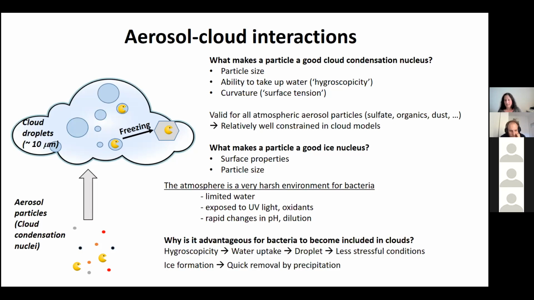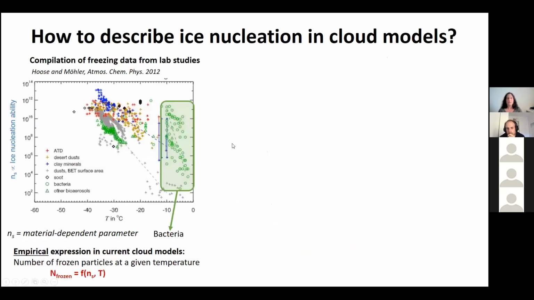So it's not really ideal conditions. Once they're in the atmosphere, they try to attract water, and then they freeze to get precipitated and removed again. That is one idea why bacteria freeze, just from the biological point of view. But how do we describe it in models?